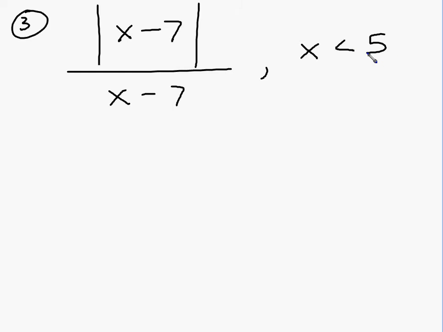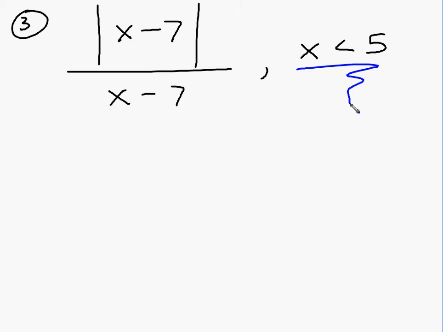So they're wanting to know, what is this? Okay. Well, here's the key to doing these problems. The key is looking at this right here, x less than 5. So all you need to do is pick a number less than 5. Right? Let's pick a number less than 5.